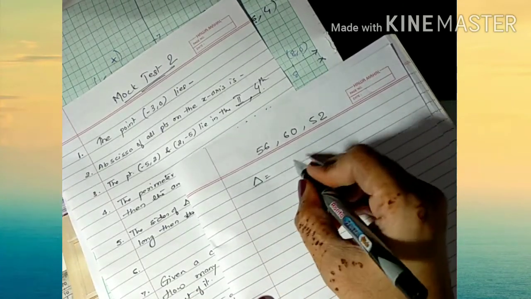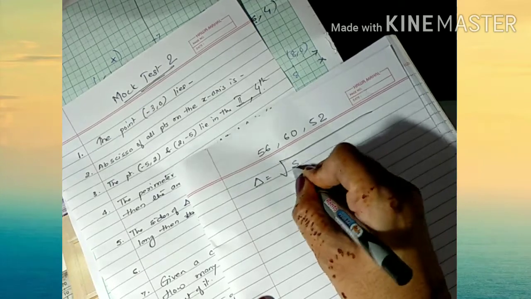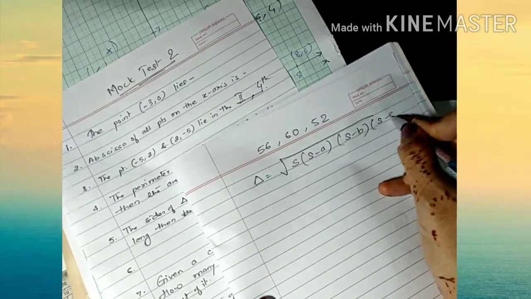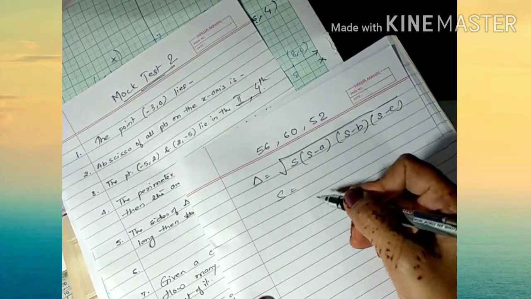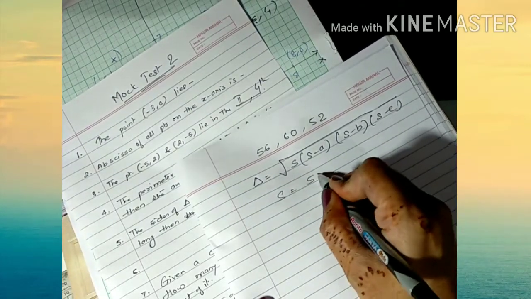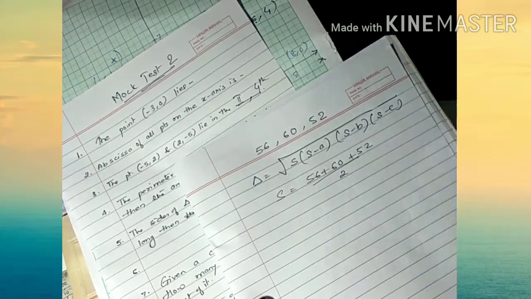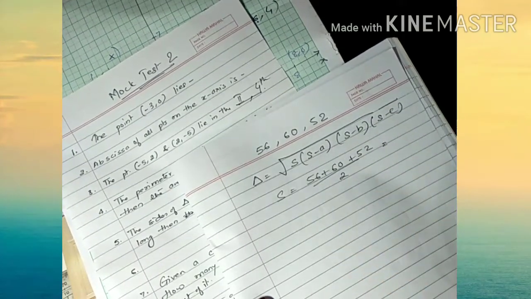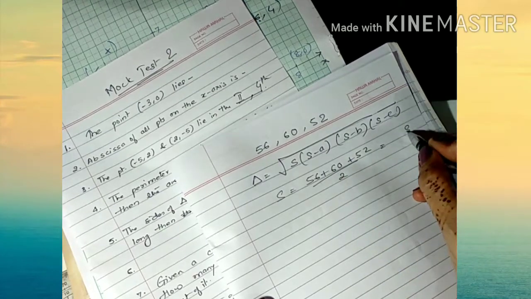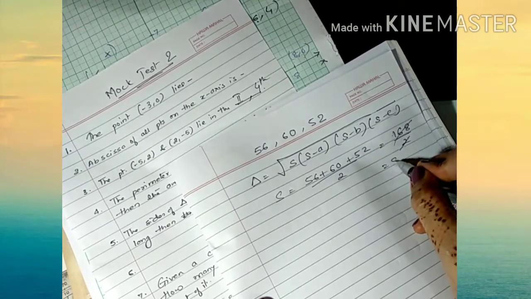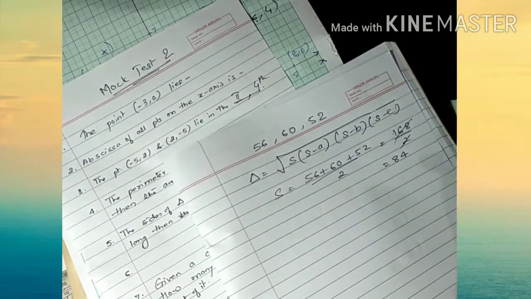According to Heron's formula, area of the triangle is given by root of S(S minus A)(S minus B)(S minus C). Now, what is S? S is the sum of all the three sides, (56 plus 60 plus 52) upon 2. S is the semi-perimeter. So 168 by 2. So how much is it? 84.